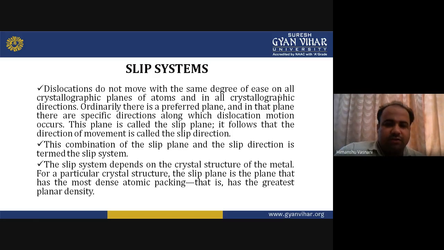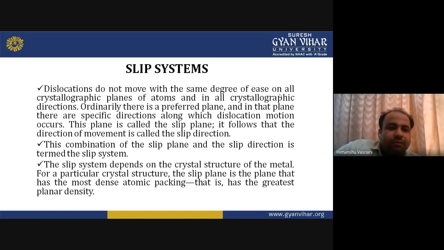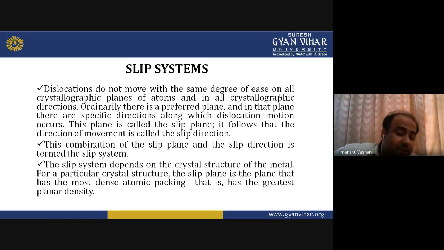If a structure is more dense, with more atomic packing, then it has more planar density. So the slip system depends on the crystal structure of the metal. For a particular crystal structure, the slip plane is the plane that has the most dense atomic packing, that is, it has the greatest planar density.